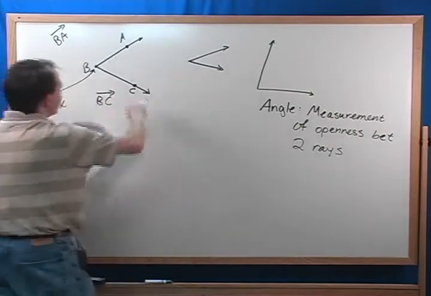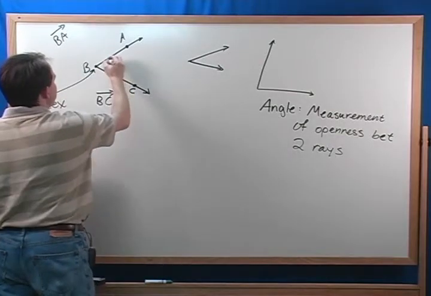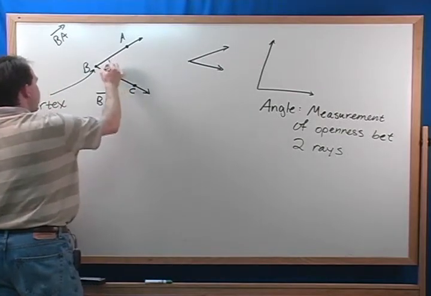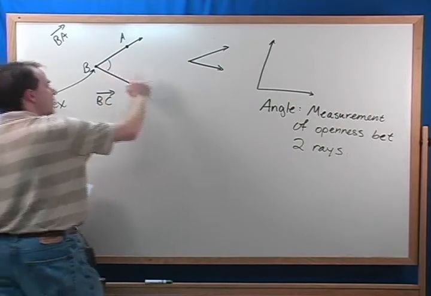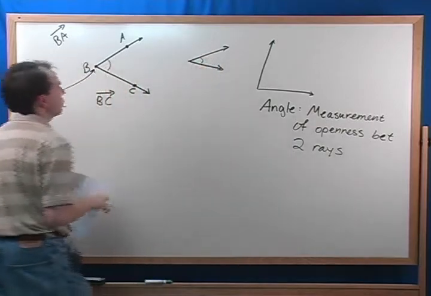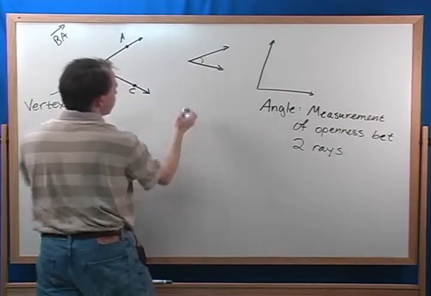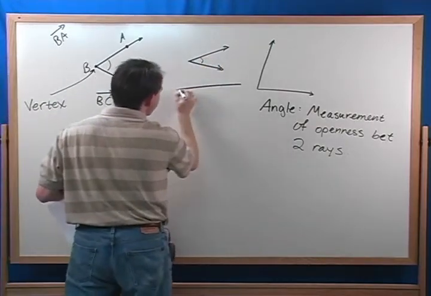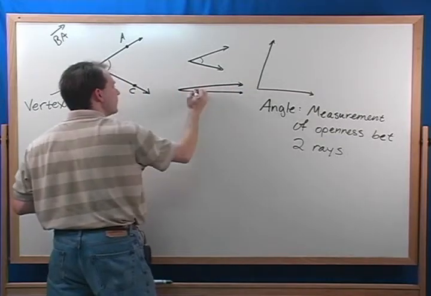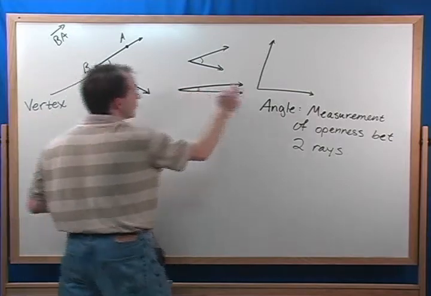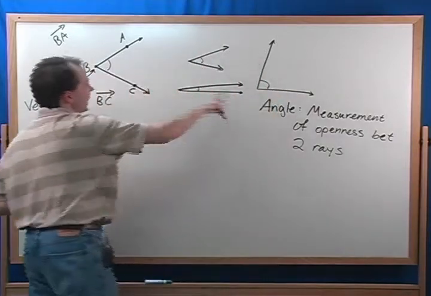So basically, for this angle right here, we put a little arc right here. That means there's an angle here. So this angle is bigger than this angle, because this one's almost shut. And in fact, I could draw one that was really tiny here. This openness is very small. So this angle is bigger than this one, and this angle here is bigger than all the rest.